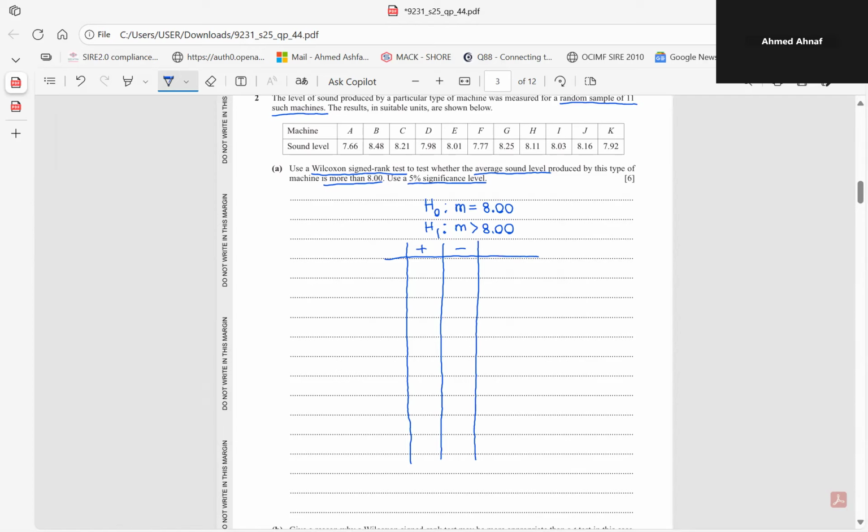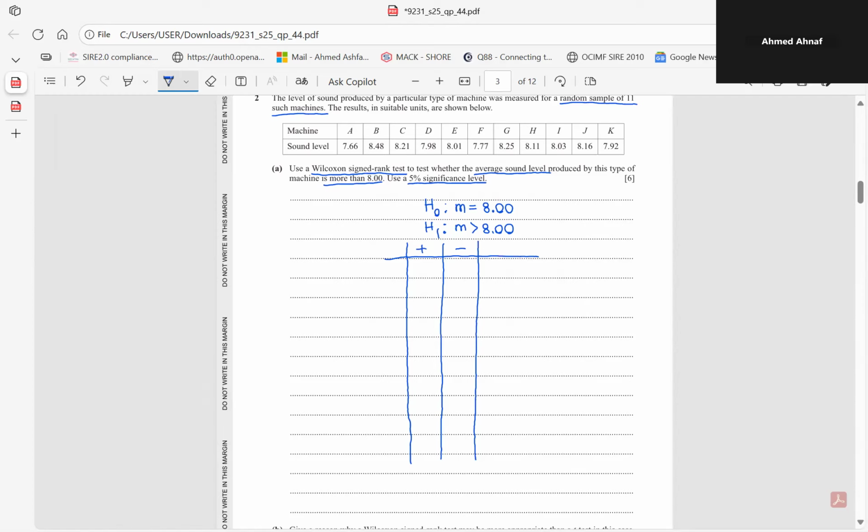Okay, so what do we do? Let's just label each machine. Let's write down the differences instead.